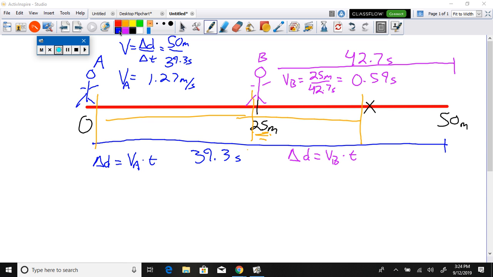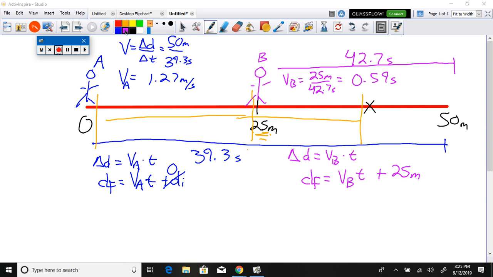To rearrange this, the final displacement of A is velocity of A times time plus your initial displacement. The initial displacement for him is 0. What about for the purple guy? His final displacement is his velocity times his time plus the 25 meters he started out with.